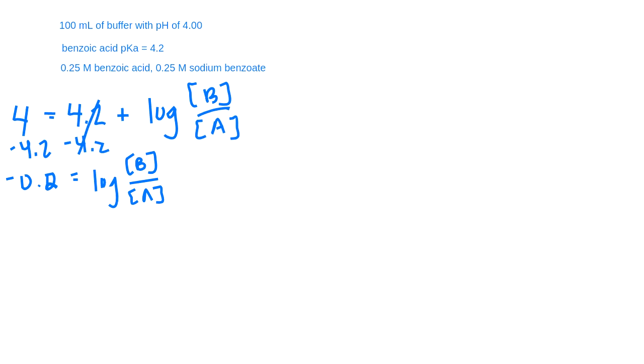Remember, we use 10. And in the past, we've taken 10 to a negative number, but that was because we were using a negative log there. Here we're using plus log, so we don't have to include a negative when we're raising. So it's just 10 to whatever number it is. So we happen to have a negative here on our left side, which is fine. So we're going to do 10 raised to the negative 0.2.